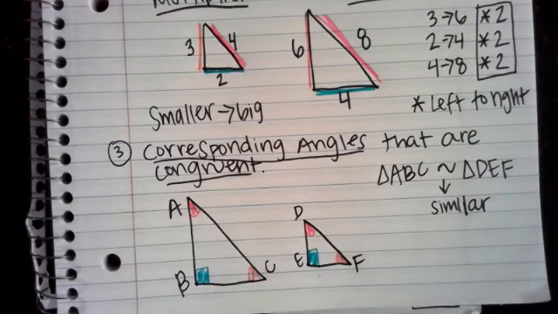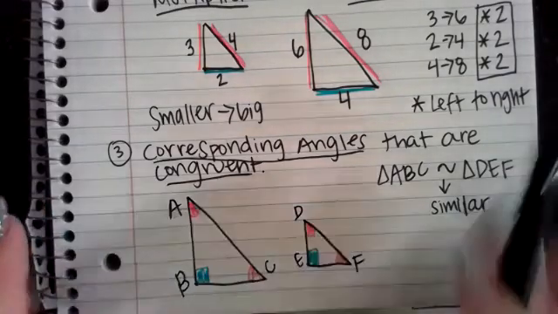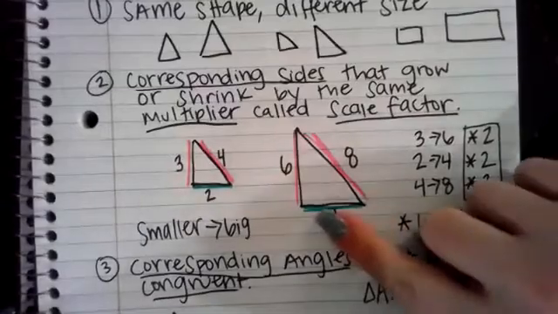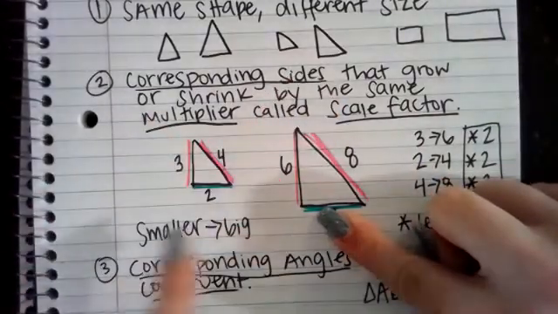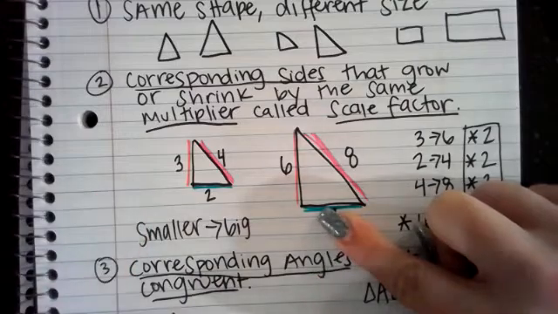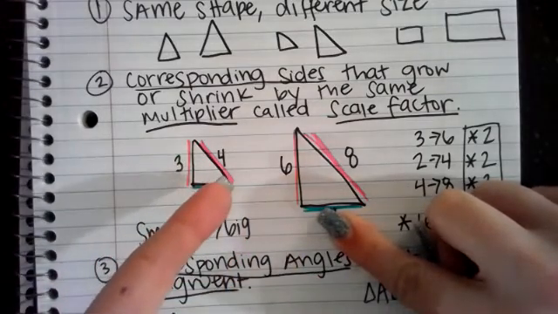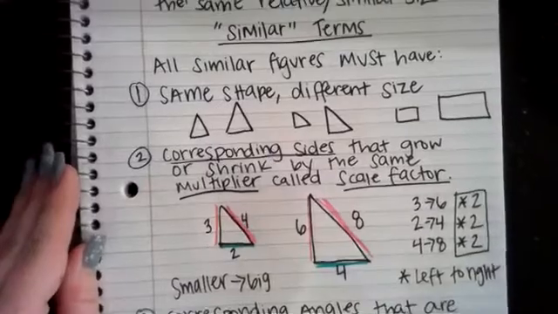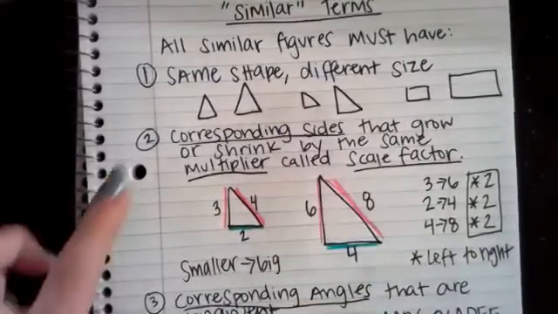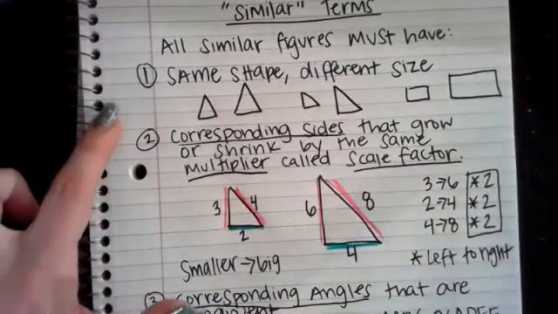In the next video, you will be given 2 shapes, and you are going to have to use these characteristics to determine if they are similar to each other. You're also going to find out, let's say I didn't give you that this side was 4, you can use the scale factor to figure out the length of a side of a triangle if you're given a similar triangle to look at. So when we are looking at proportional shapes or similar shapes, they have to be the same shape but different size.